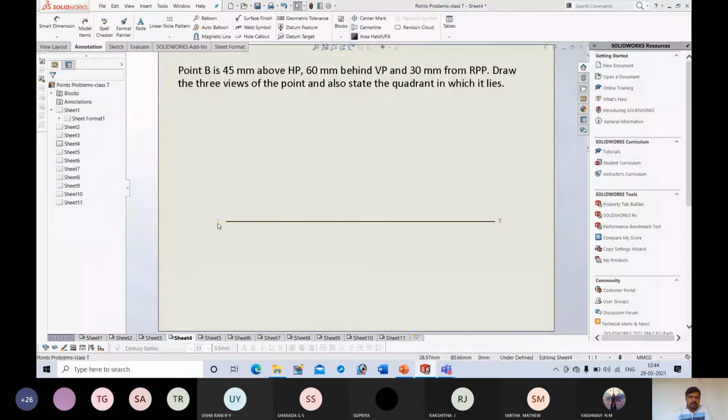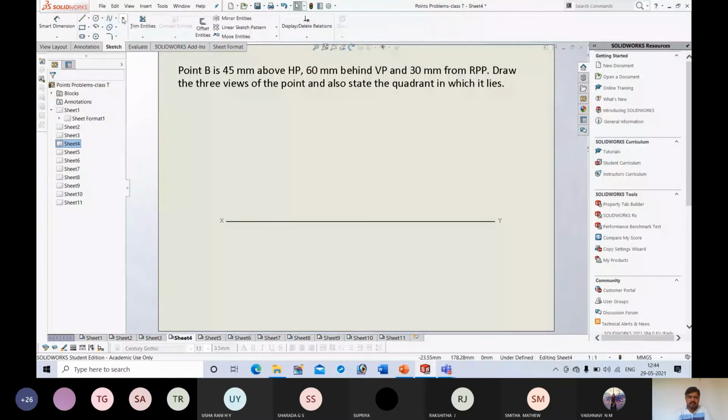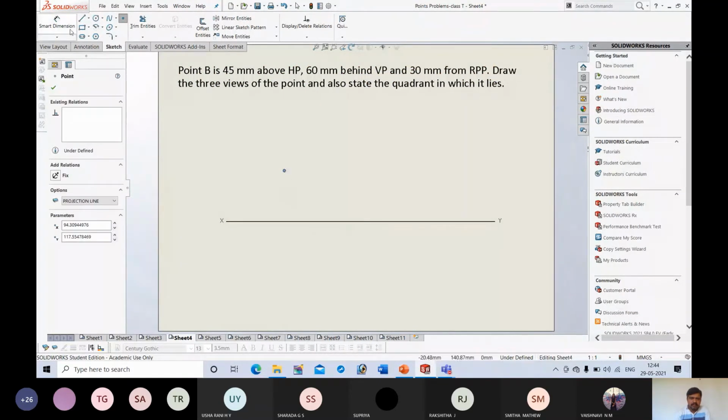Next, point B is 45 mm above HP. On the drawing it will be 45 mm above the XY line. So I will draw a point at a distance of 45.